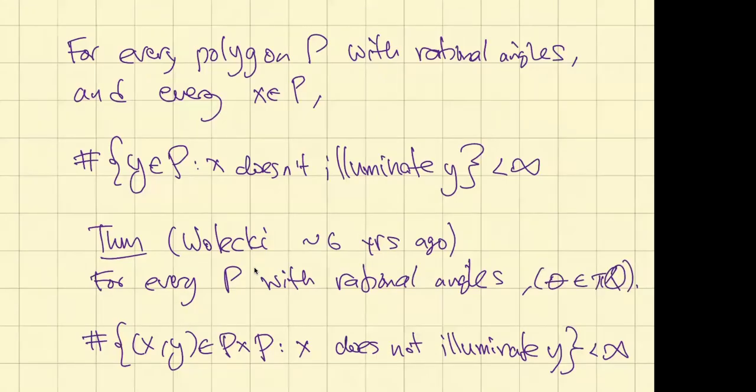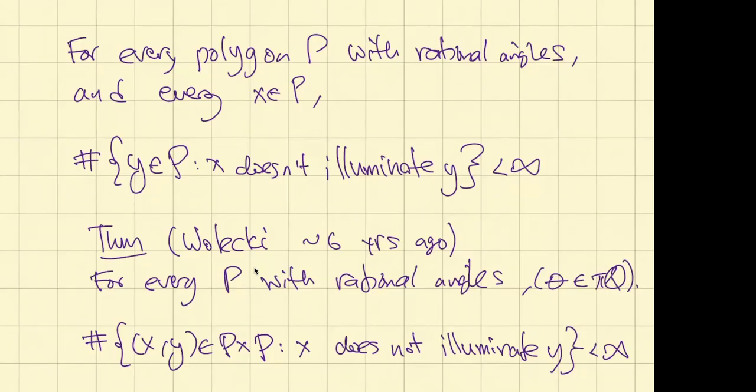Certainly not at the moment with our current understanding, but I'm hopeful that in the next few years we will have a theorem that says something along the lines, I don't know exactly how to formulate it, but something along the lines of the only examples of polygons which contain points which don't illuminate each other are polygons which are tiled by triangles, or maybe tiled by some small collection of other polygons, perhaps.